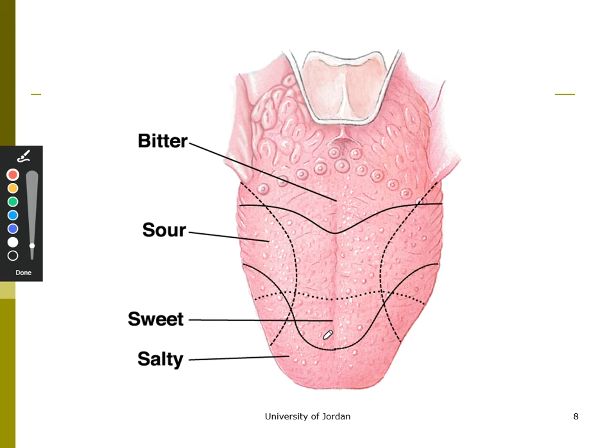So the posterior third of the tongue is supplied by a different nerve than the anterior 2/3 of the tongue. The posterior third has these papillae called circumvallate papillae, which have taste buds concerned with bitter sensation. The posterior third of the tongue is supplied by the glossopharyngeal nerve.